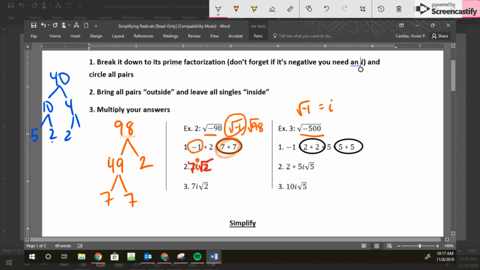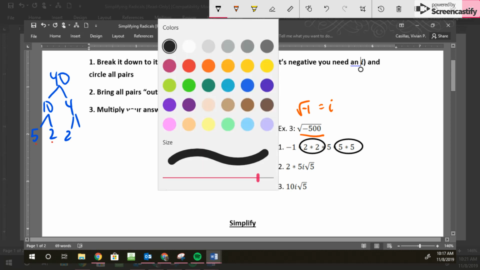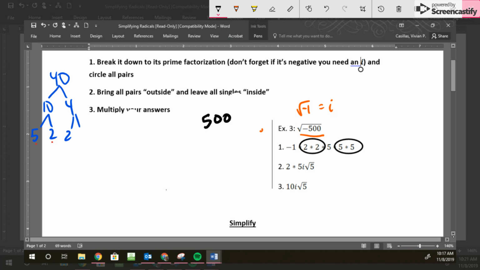It doesn't matter how you break up 500, but I see 500 as 5 times 100. 100 is 10 times 10. 10 is 2 times 5, 2 times 5.